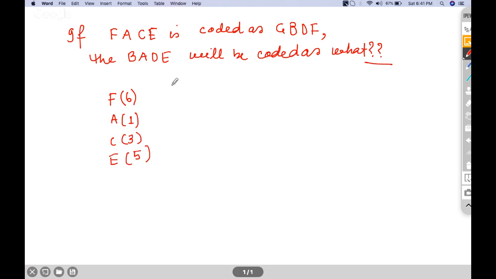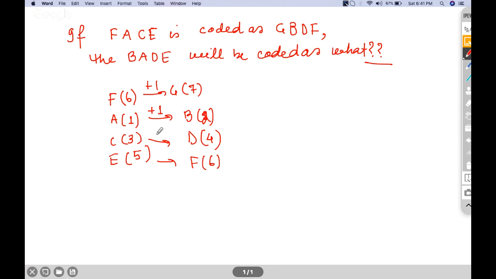And when I write G, this is 7, B is 2, C is 3, D is 4, E is 5, and F is 6. So this is plus 1, plus 1, plus 1, plus 1.